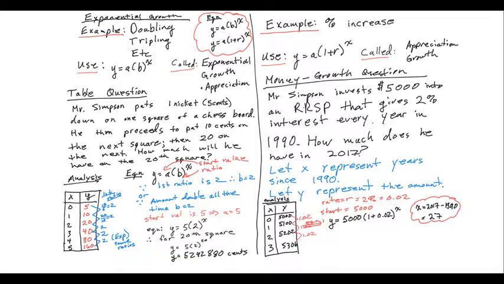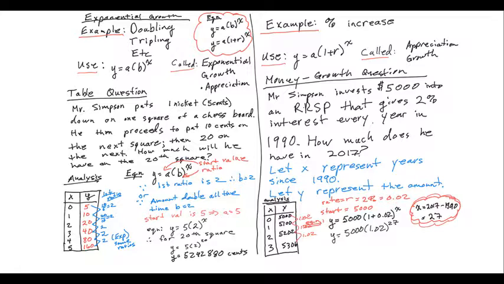By doing so, you could have, if you wanted to, calculated the 27th year, which would have been ridiculous. So you could have done that, but instead we calculated that x was supposed to be 27. So let's do that. Now I get y is equal to 5,000 times 1.02 raised to the 27. Now that represents the 27th year of my money being in that RRSP.